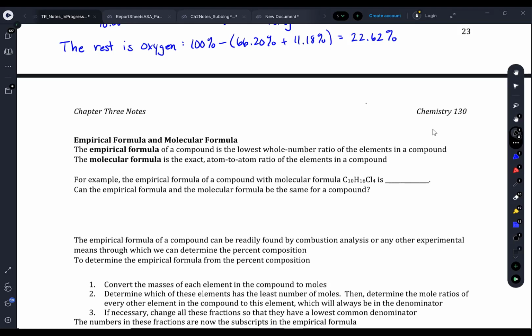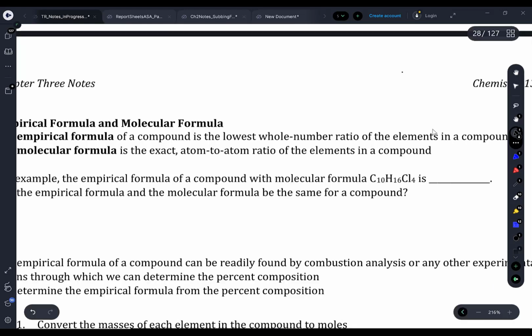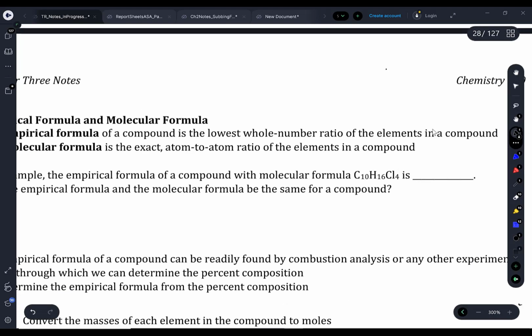So for example, if you were to look here at this compound that has a formula of C10H16Cl4, right? What would be its empirical formula? In other words, what number can I divide all of those by?